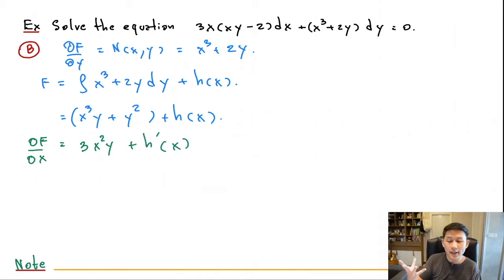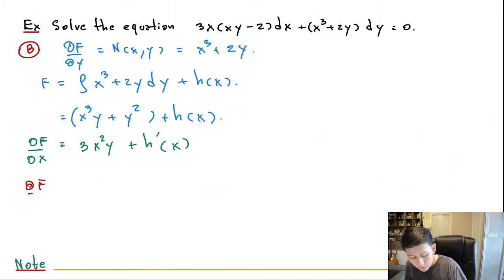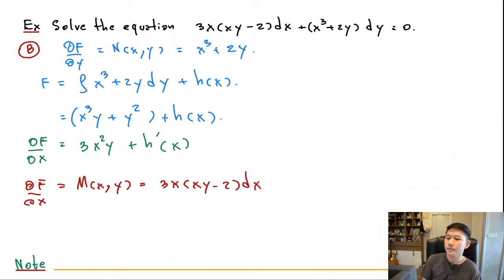And then we compare this, because we know that this is an exact equation, which means that df by dx also equals M of x, y, which is 3x squared y minus 6x.